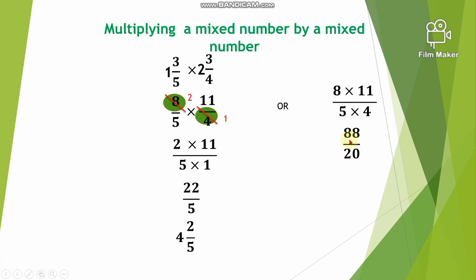If you check 88 and 20, both numbers can be divided by 4. If you divide both the numerator and the denominator by 4, you will get 22 over 5. Then you can convert this improper fraction into the mixed number 4 2 over 5.